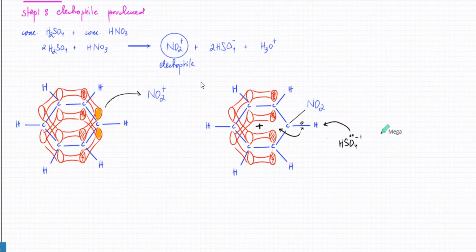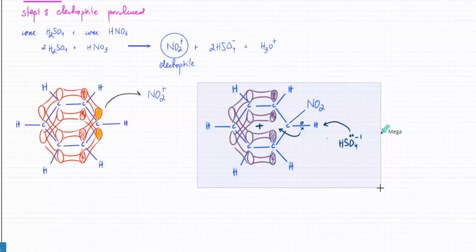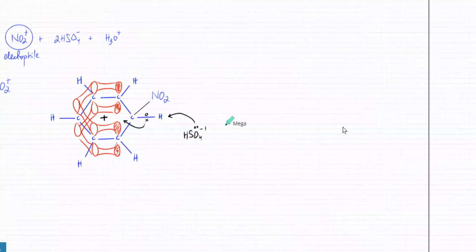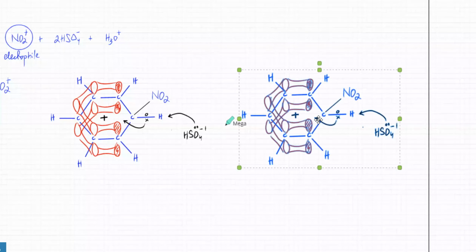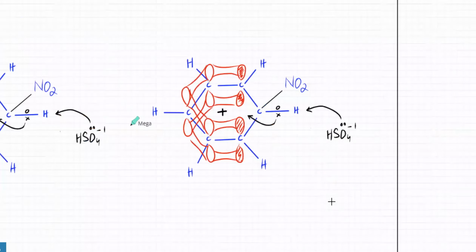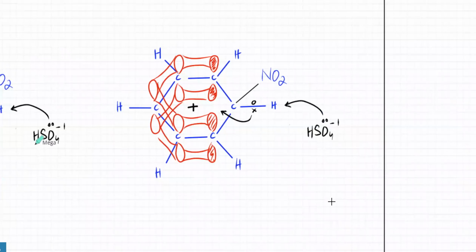So the last step is the electron cloud is going to reform. So let's copy everything. The last step of the mechanism would be that this H leaves as H plus 1, and it joins with HSO4 minus 1 to form H2SO4 back again.